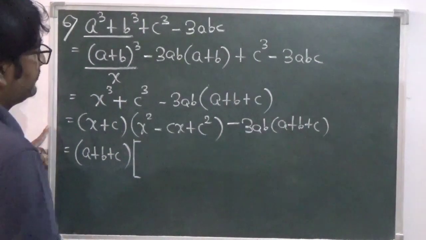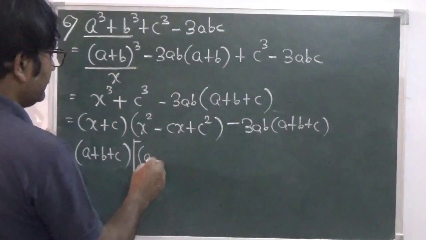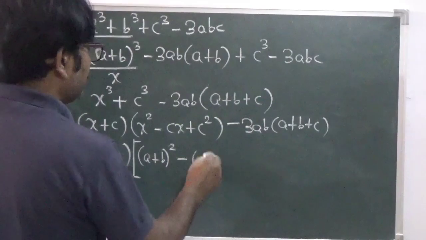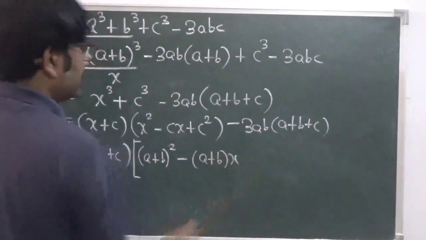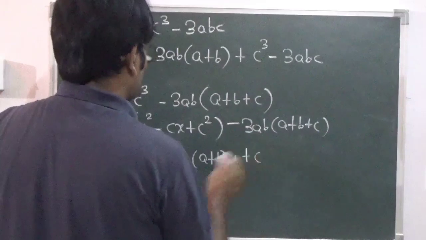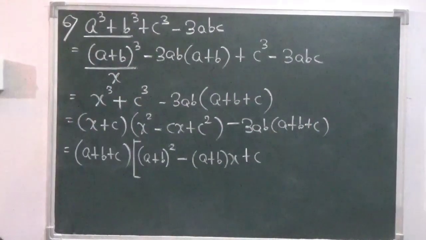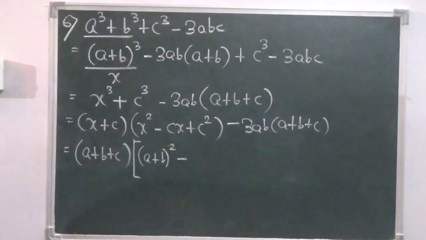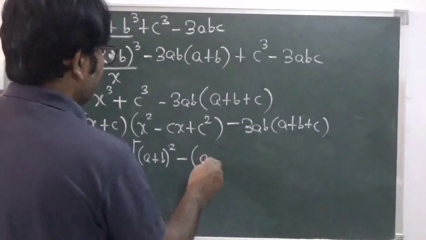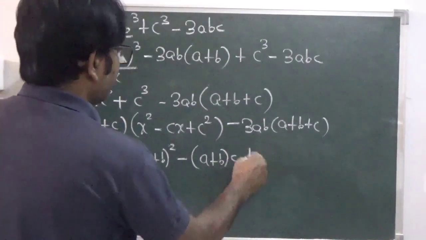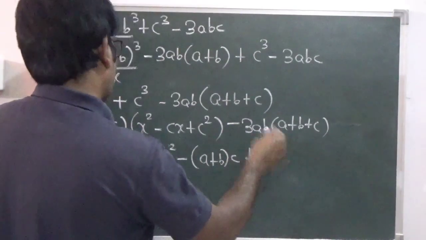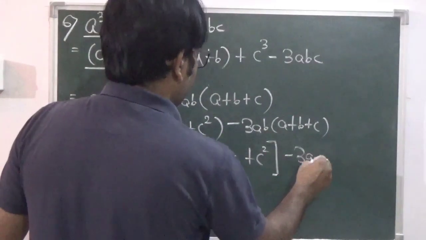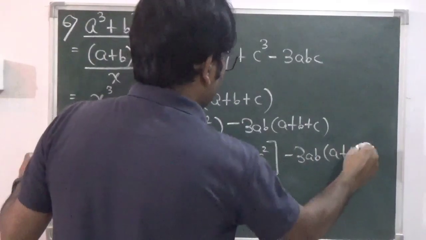And what is x square? x square is a plus b whole square. Then minus of a plus b into c plus of c square, minus 3ab into a plus b plus c.